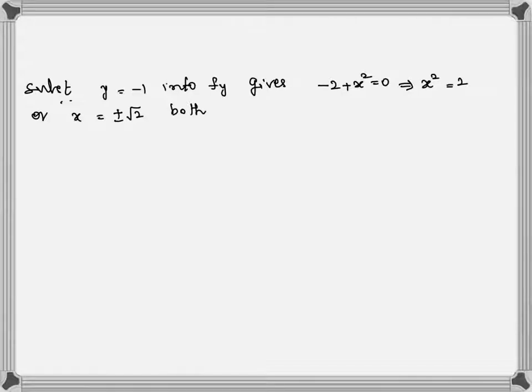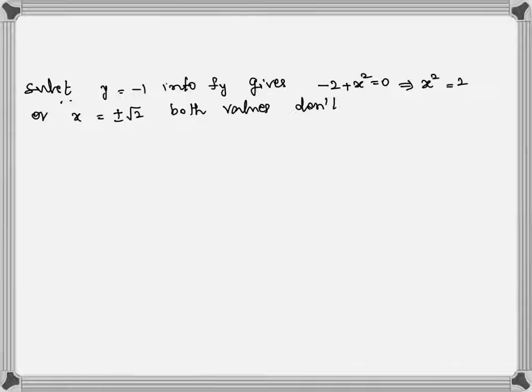But square root of 2 is 1.414, which exceeds 1. So we know that absolute x should be less than or equal to 1 according to the domain description. So we have to disregard x equal to plus or minus square root of 2, which is not inside the domain.